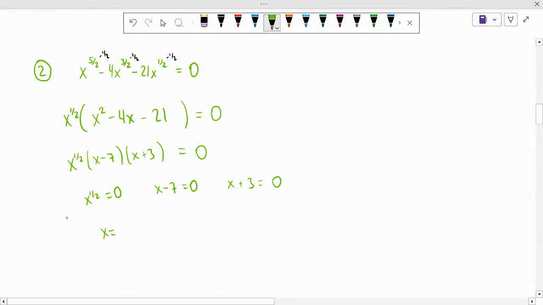And you get 3 solutions at first: x equals 0, x equals 7, and x equals -3. Okay, now one of these solutions is not actually a solution. So who can tell me which of these solutions actually doesn't work as a solution? And maybe you can also explain why it's not an actual solution.